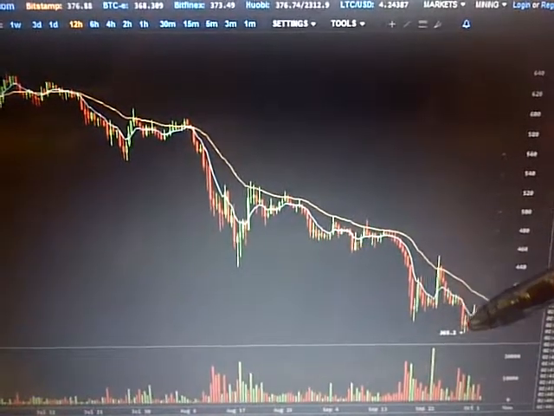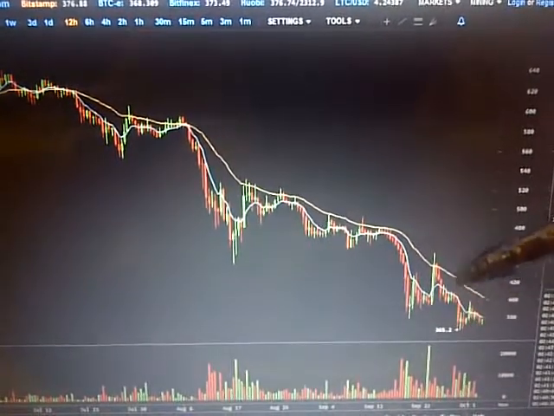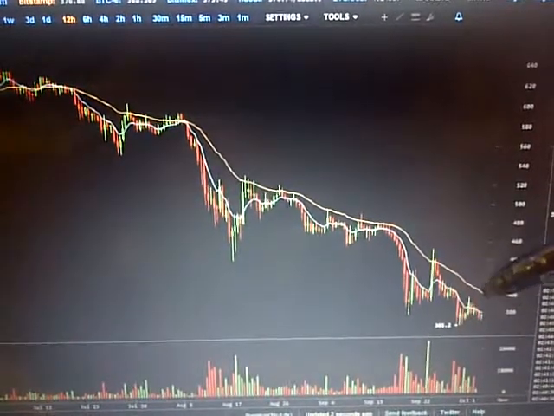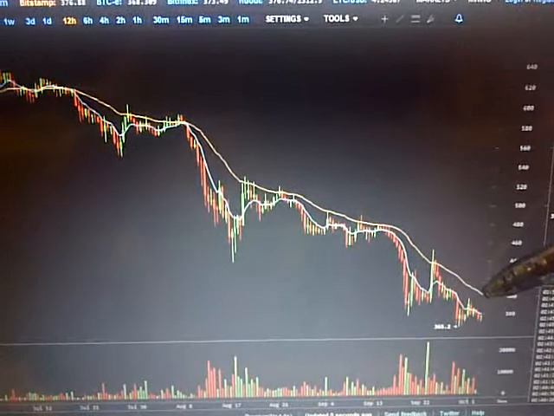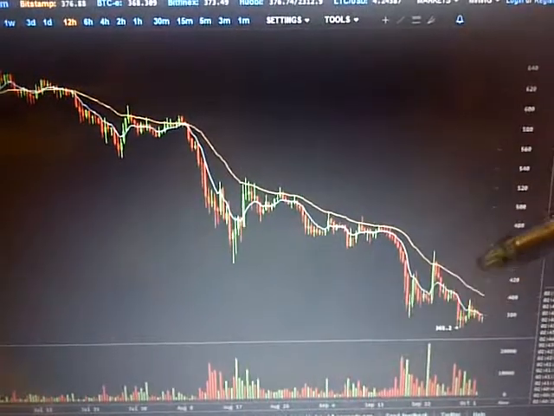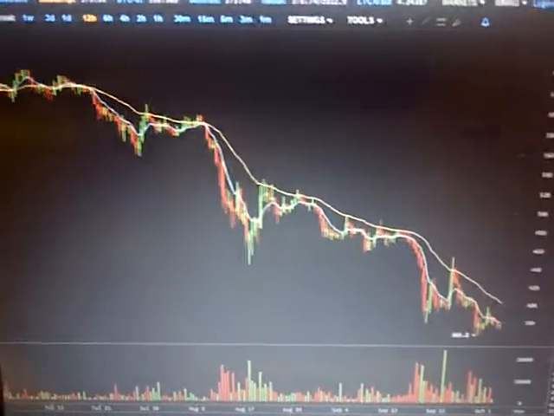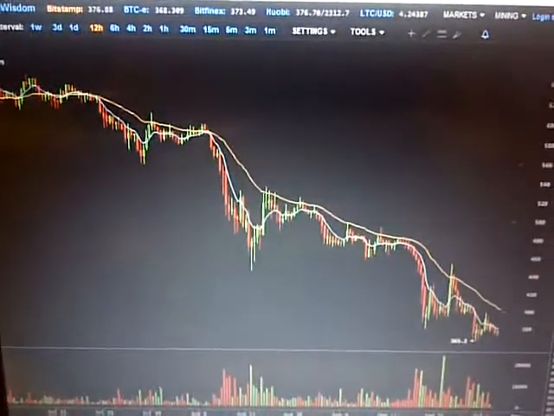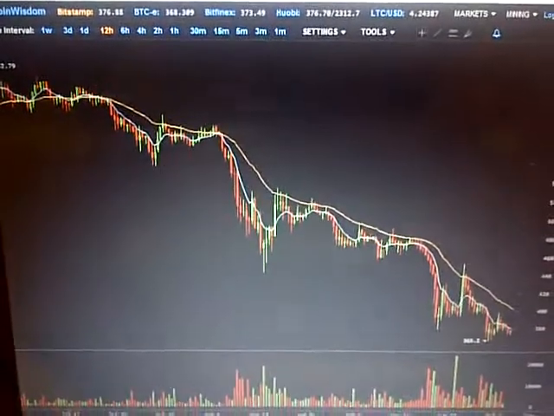In other words, this 10 period moving above this 25 period average, in which case you'll start realizing that maybe there is an uptrend pattern.